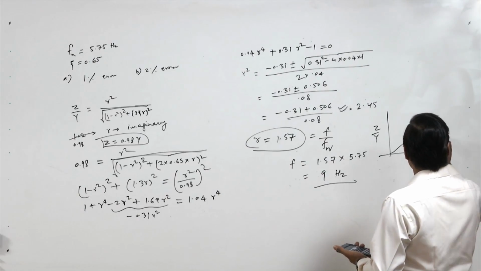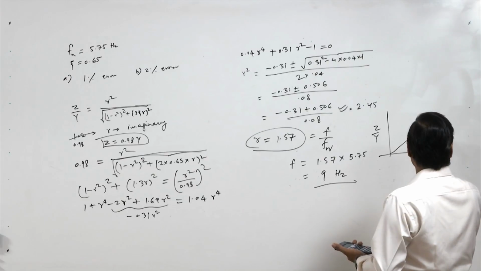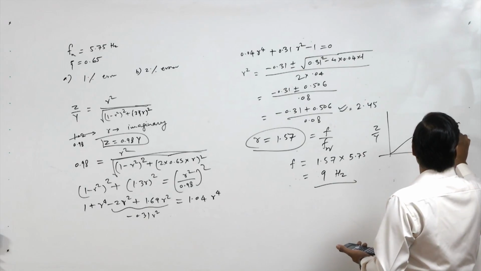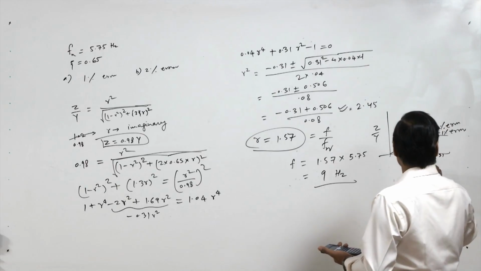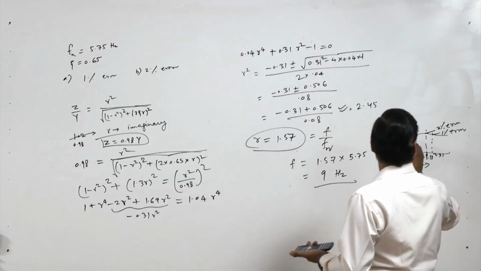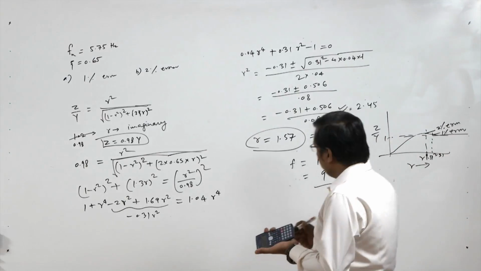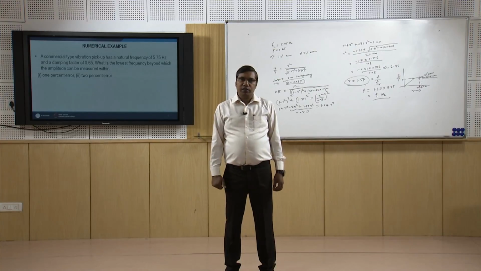So if we come a bit before here, we are going to have 2% error, and here we have 1% error. This is R, and this is 1. Okay, so stop here, and thank you for attending the lecture, and see you in the next lecture.